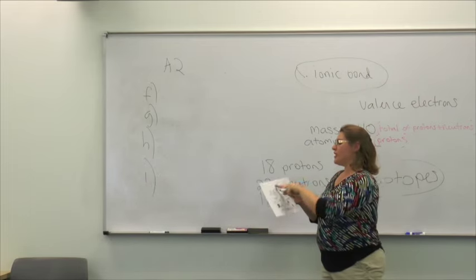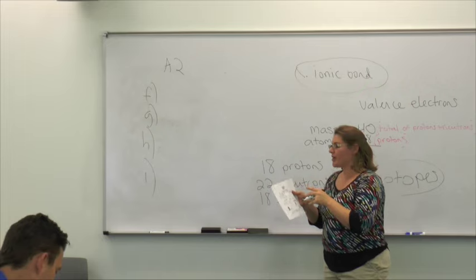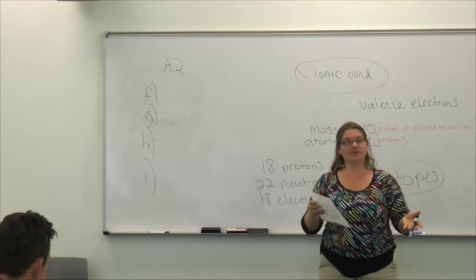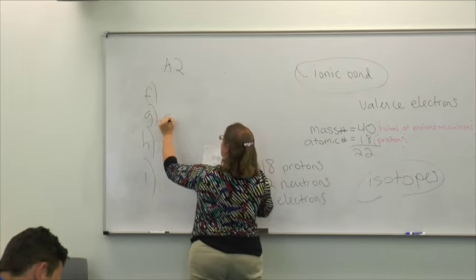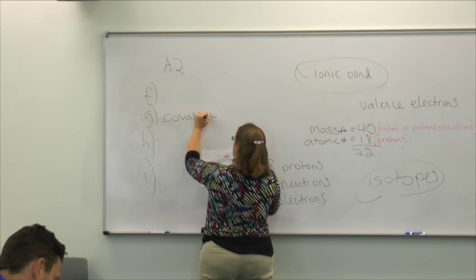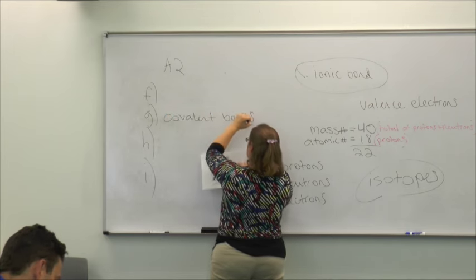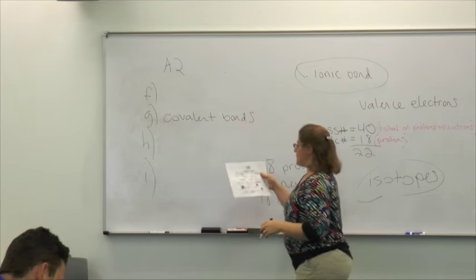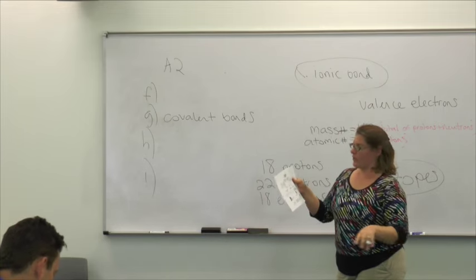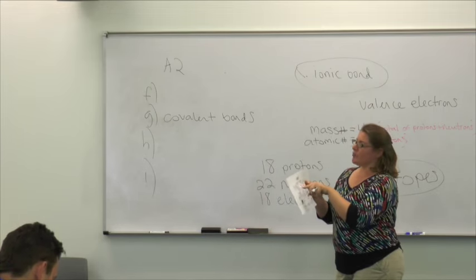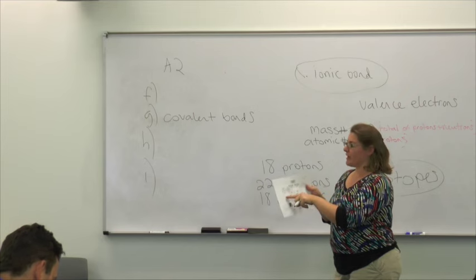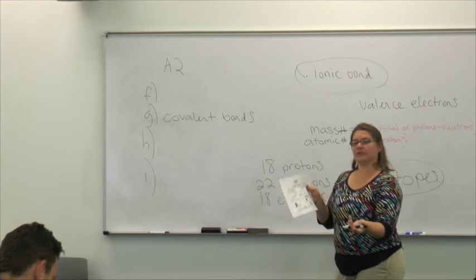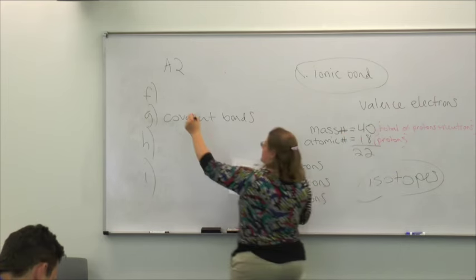For letter G, chemical bonds. Electron sharing between atoms creates covalent bonds. Going back to letter F though, chemical bonds: electron transfer between atoms creates ions, and then the attraction between ions creates ionic bonds.